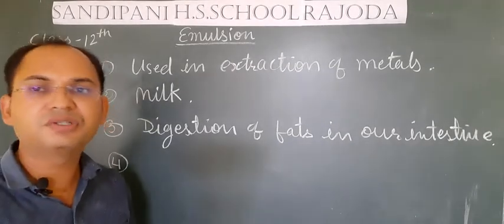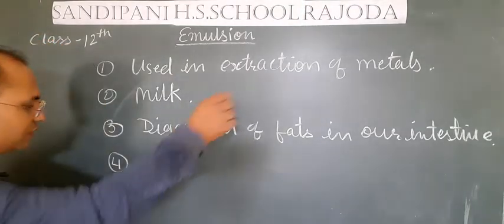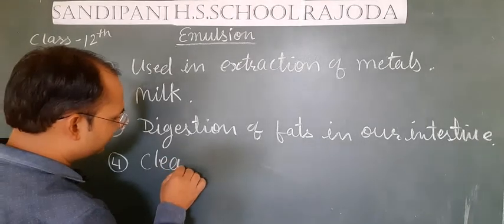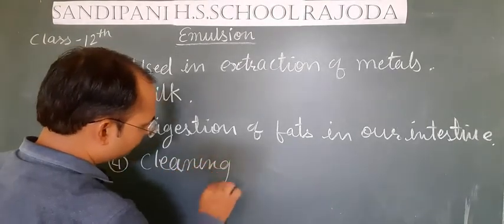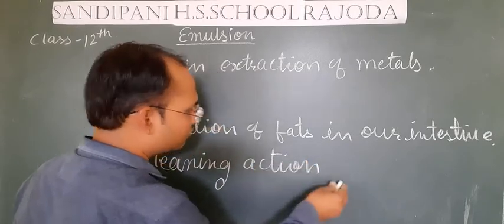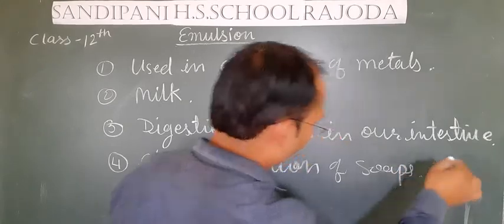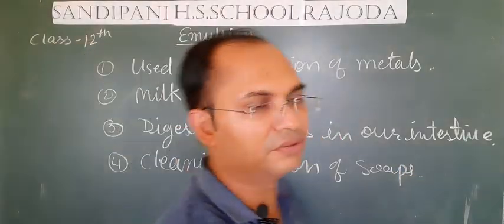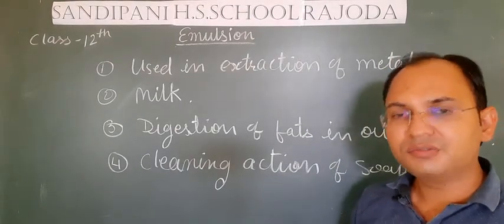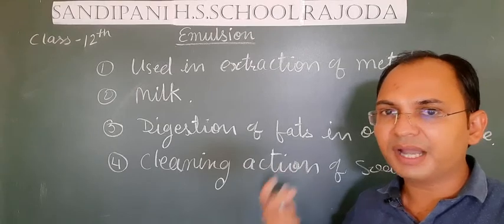And the next most important application of the emulsification or emulsion is cleaning action of soap and detergent. As we have discussed in our previous video, the cleaning action of the detergent, you know that the molecule of the soap or detergent is bipolar.